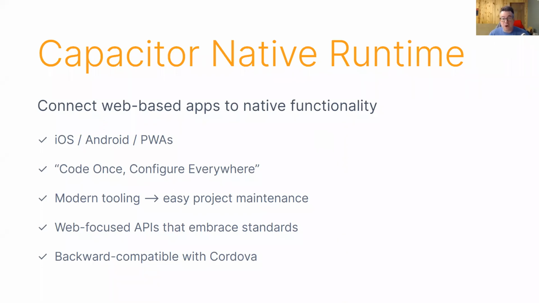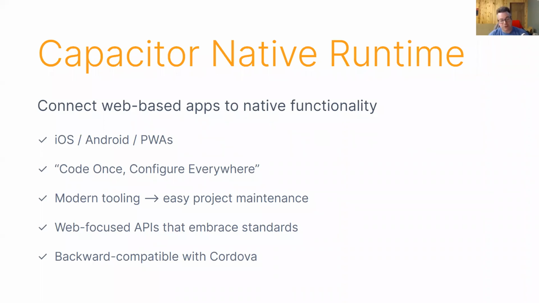You wouldn't know where to go, how to get help, or find help online. By embracing more modern tooling and leaning into those IDEs and other SDKs that native gives us, it results in easy project maintenance. You're able to debug apps a lot easier, as well as one of my favorites, web development teams and native teams can work together because they can work on the web app or the native specific projects and collaborate and come together as needed.